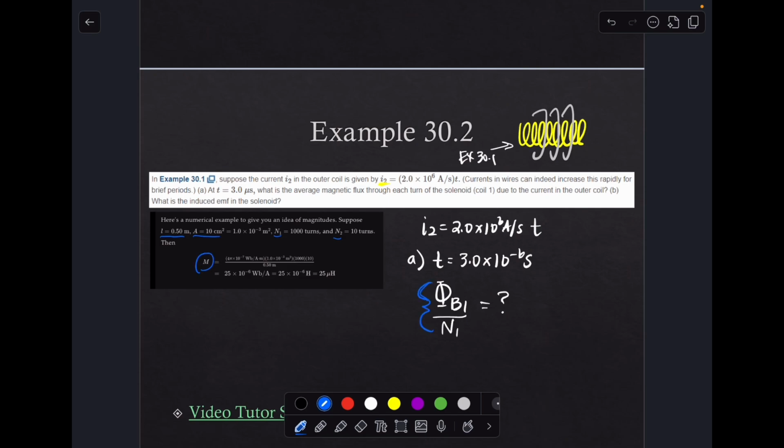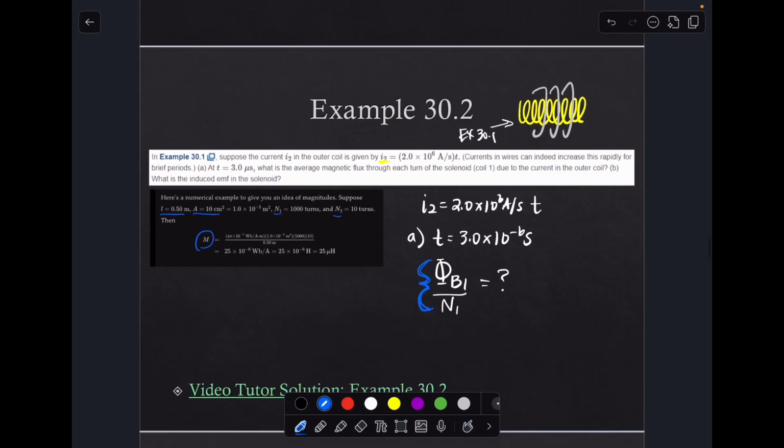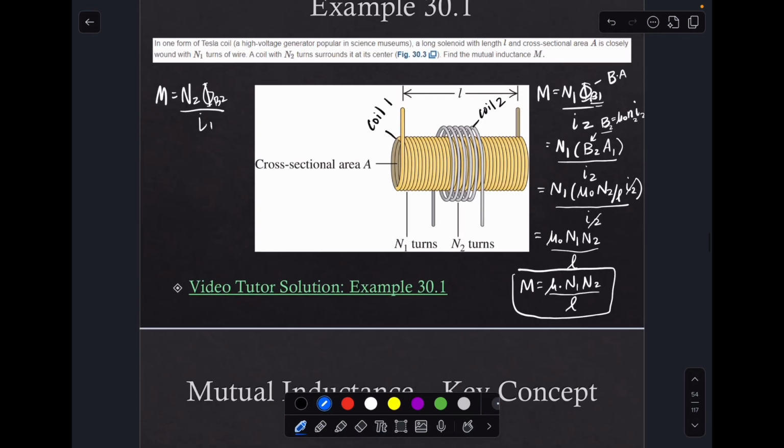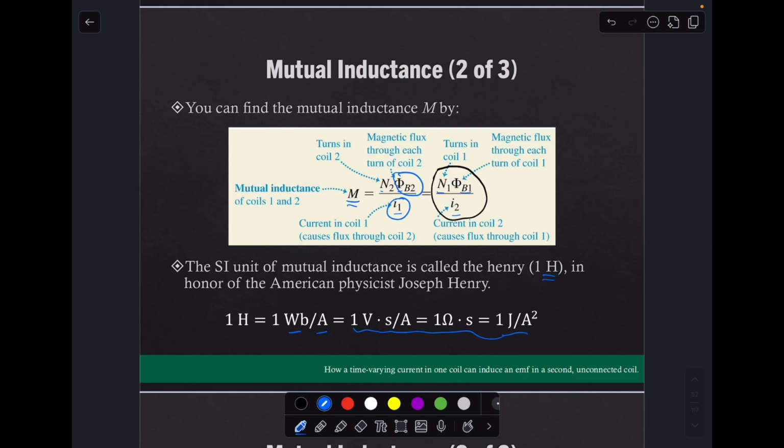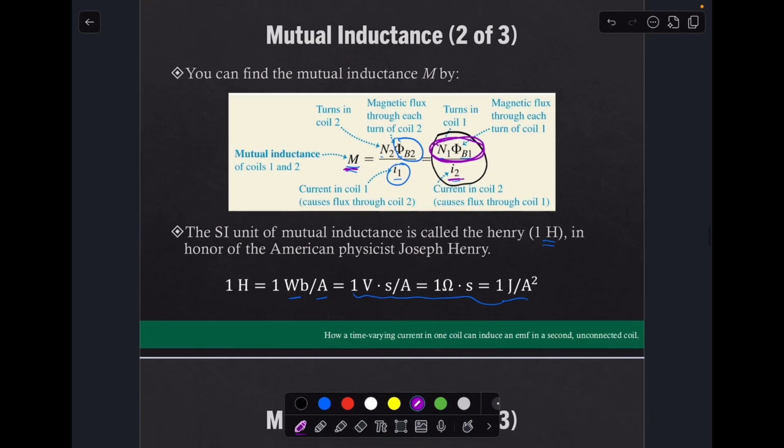So where can we find out what this is? Let's look back at our equations. We want to know what phi B1 N1 is. Well, it looks like I have phi B1 N1 right here. Okay, so all I need is I2 and M.